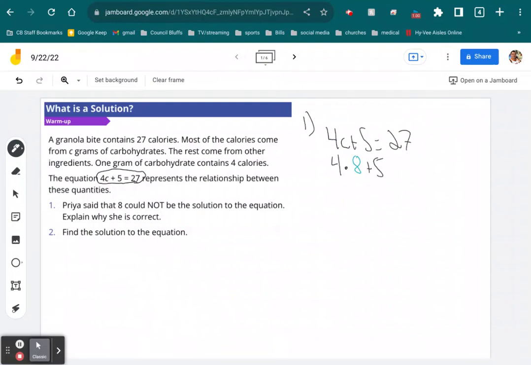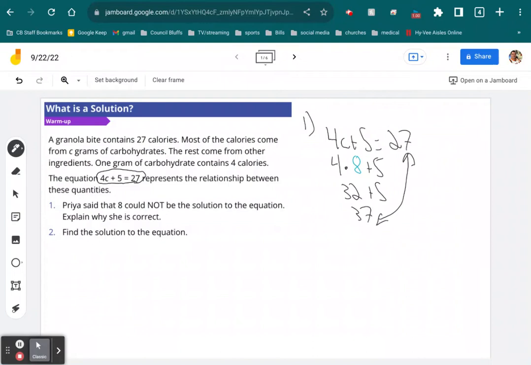All right, so 8 times 4, that is 32. And if I add 5 to that, I get 37. Okay. So when I plug in 8 for C, I get an answer of 37, not 27.